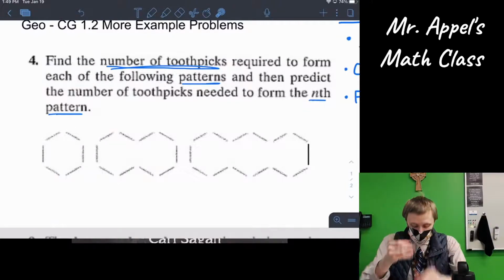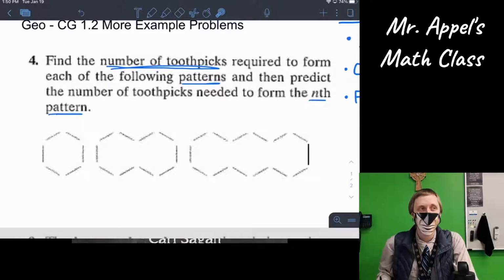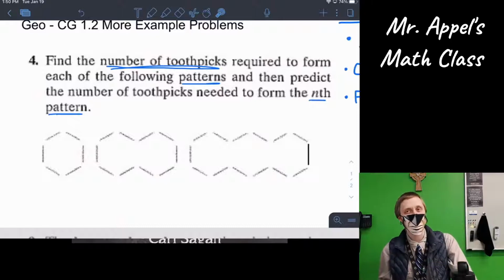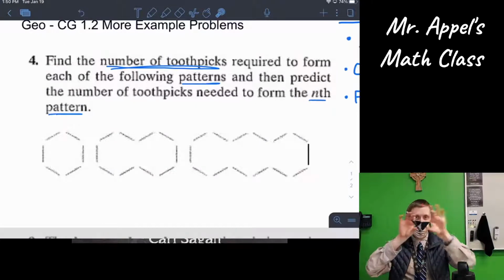What do we know about chaining the shapes together? Notice the lack of any toothpicks in between them, right? They skip all that. You get one outline of the whole thing. Have we seen anything like this before? We have. We did a problem like this, except with squares, right? It was one square and then two, and then squares all in a row.